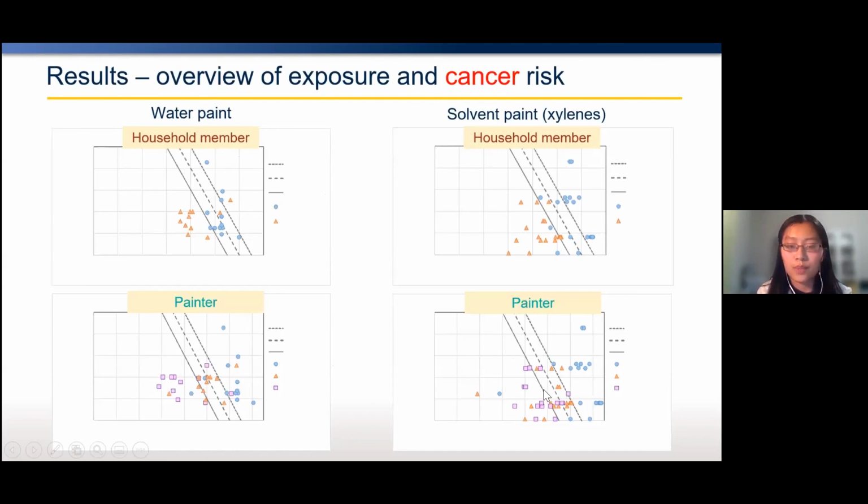For the painter, the exposure and risk are 1 to 2 orders of magnitude higher than for the household member, and there are many more chemicals that exceed the risk level of 10 to the minus 4. Overall, when we compare water paint and solvent paint, solvent leads to a higher risk than water paint, since there are more chemicals that exceed the acceptable risk levels.